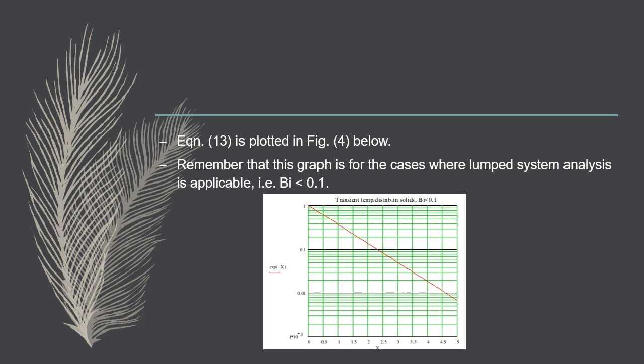Remember that this graph is for cases where lumped system analysis is applicable, that is, Bi is less than 0.1. In this graph, the transient temperature distribution in the solid is given. The graph is plotted against exponential of minus x and gives a straight line of negative slope.